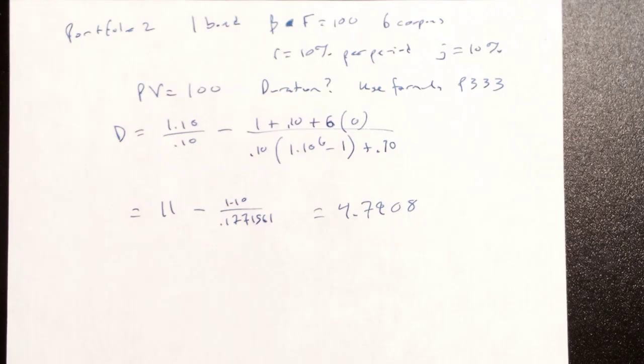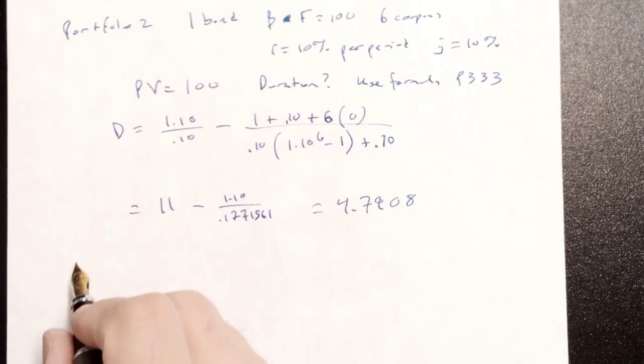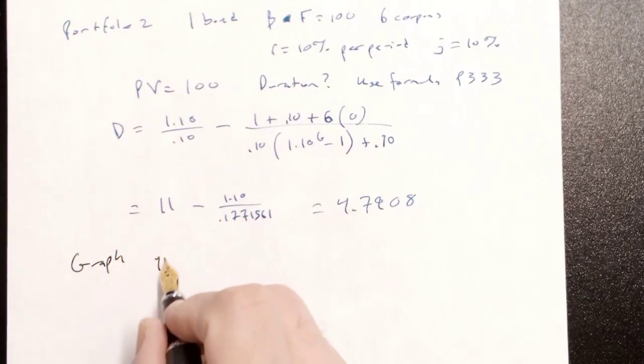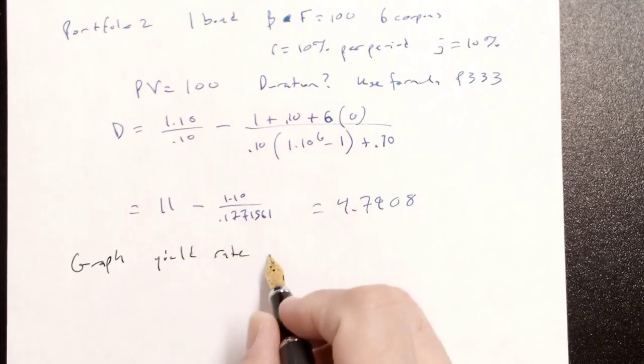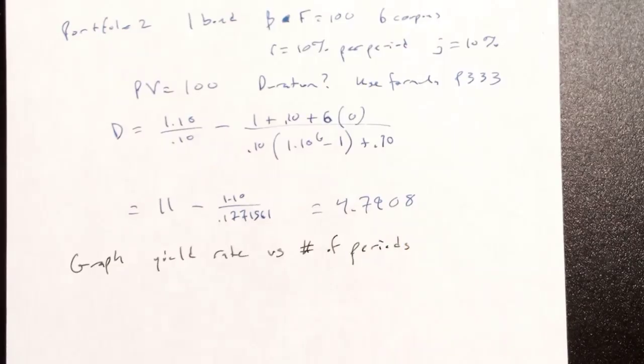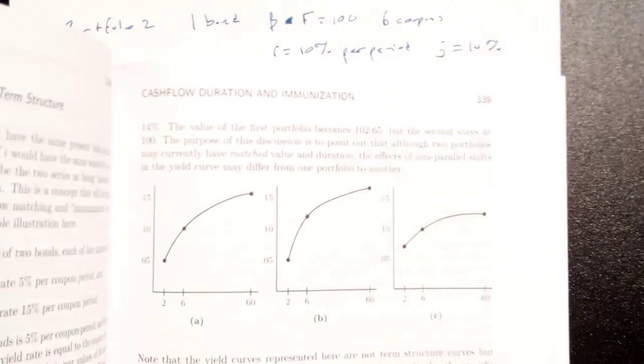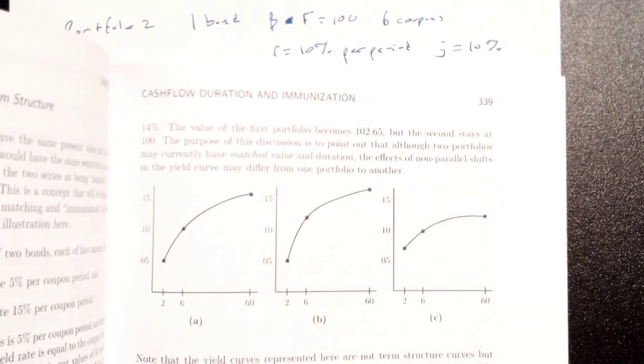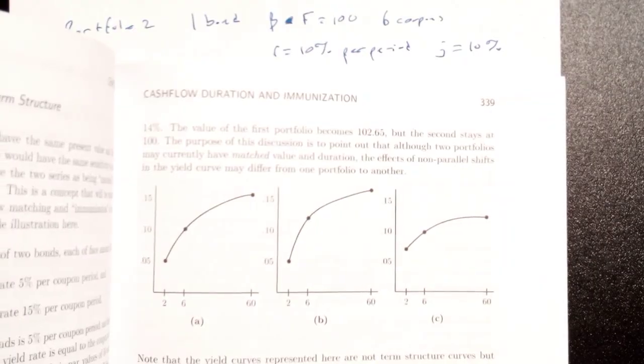I want to graph yield rate against number of periods. Page 339. I have this picture.